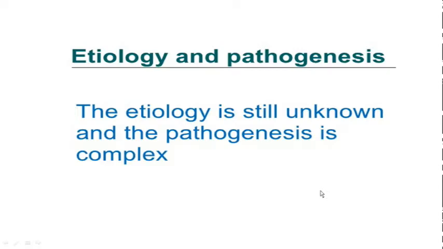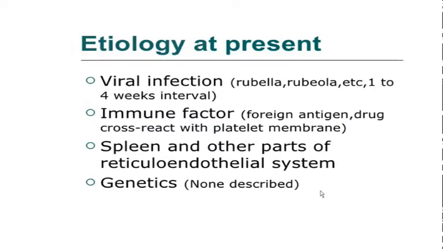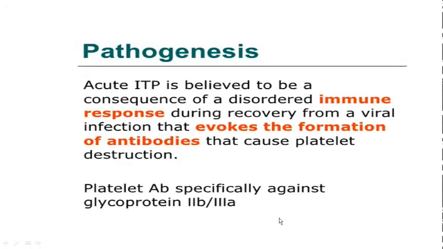But the point is the etiology is still not very clear, and the pathogenesis is very complex, where you have a viral infection in the form of rubella or even measles, up to 4 weeks before, and or any immune factors like foreign antigen or drug cross reactions, or any splenic or reticuloendothelial system alterations, or even genetic factors, which are not yet described, and that will cause a disordered immune response during recovery from the viral infection, and that will cause formation of antibodies specifically against platelet glycoprotein 2B and 3A, which we saw in the previous lecture.